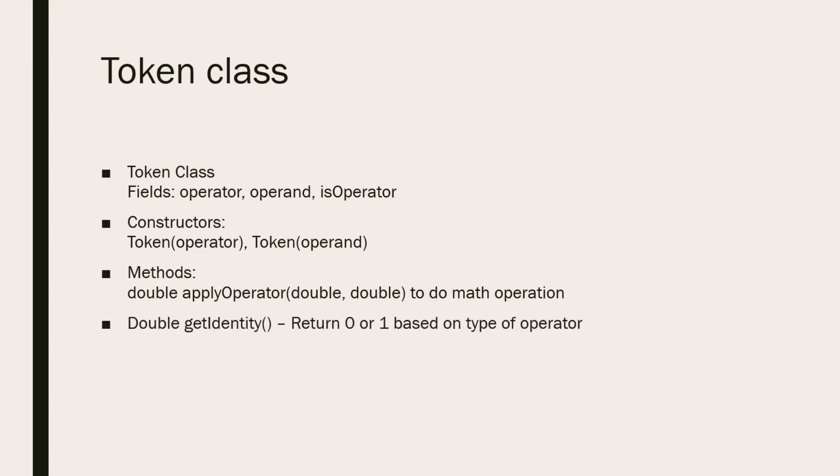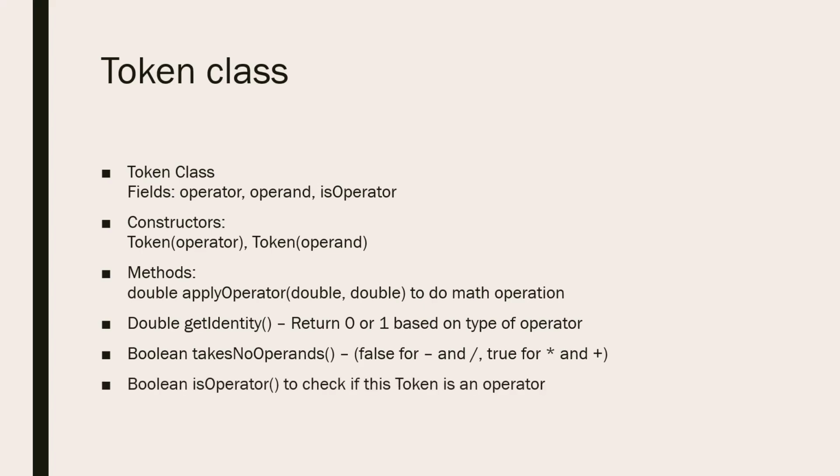Get identity will return the identity of the type of operator. It takes no operands. This is a Boolean function that will return false for subtract and divide because they require one operand, and true for multiplication and addition because they require 0 operands. The is operator function checks if this token is an operator or an operand.